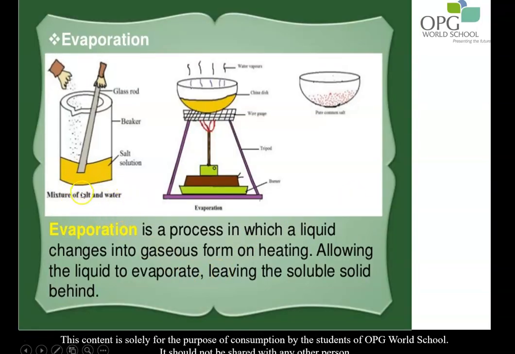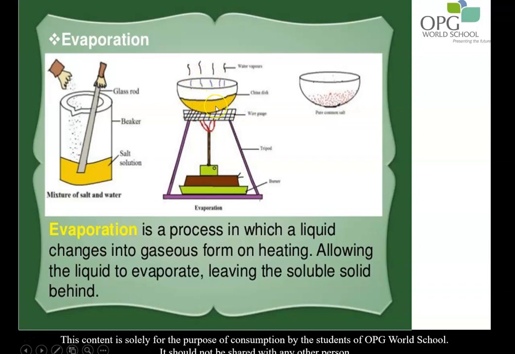So we can take some salt and water and form salt solution because salt is completely soluble in water. Now to separate the salt and water, we have to heat the water. When we heat the water, as water starts boiling, it will form water vapor. This water vapor is going to disappear into the environment, leaving behind the salt.